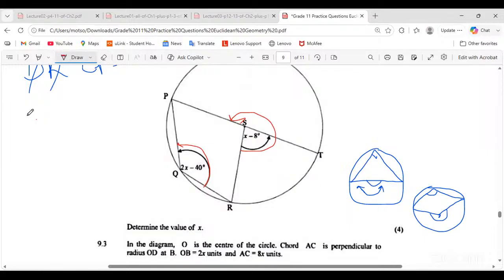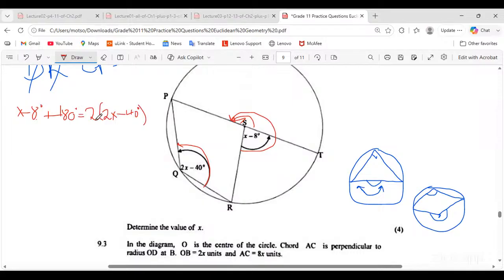Now, we're going to say angle at the center, which is 8 minus x degrees, plus, this is the straight line, 180 degrees, is equal to 2 times angle at the circumference. What is the angle at the circumference? It is 2x minus 40 degrees. What is the reason?